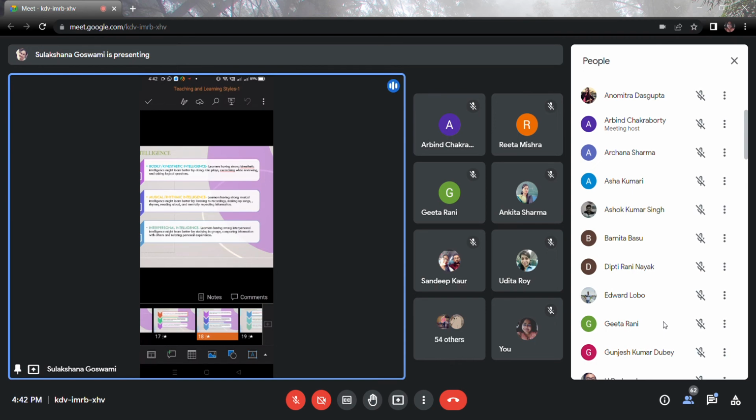You will find kids whom we ask to read and write, they feel bored. But when we give them group activities, they are very much interested and even want to be the captain of the group and lead the group. So this kind of students belong to this interpersonal intelligence category.